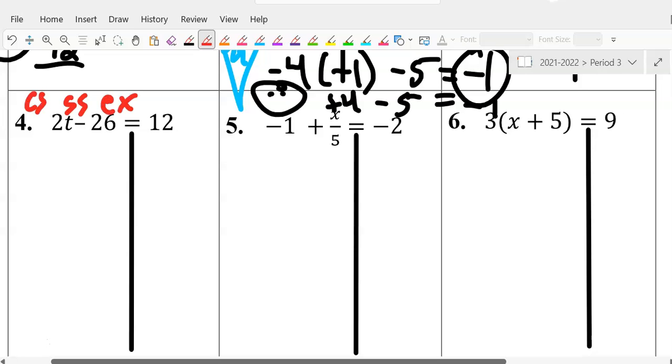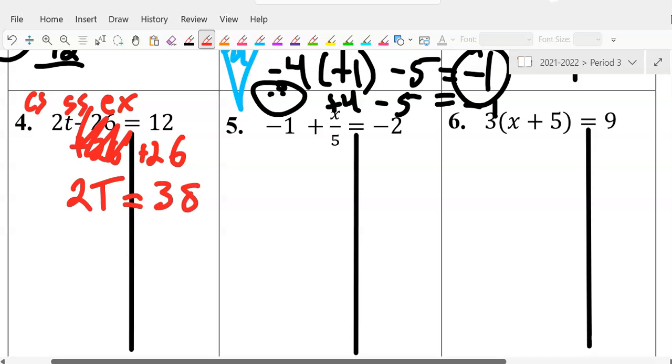Negative 26. And then you have to do positive 26 to both sides. Very good. So now we have 2t equals 38. And then you divide both by 2, which is t equals 19. Very good.